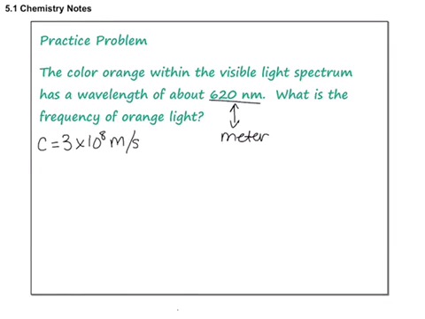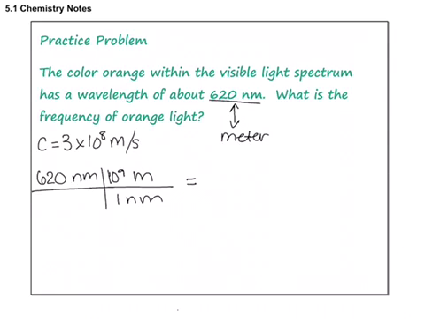So we'll take 620 nanometers, use the railroad tracks, 1 nanometer, and from your pink sheet, a nanometer is 10 to the minus 9th meters, and you'll get 6.2 times 10 to the minus 7 meters.